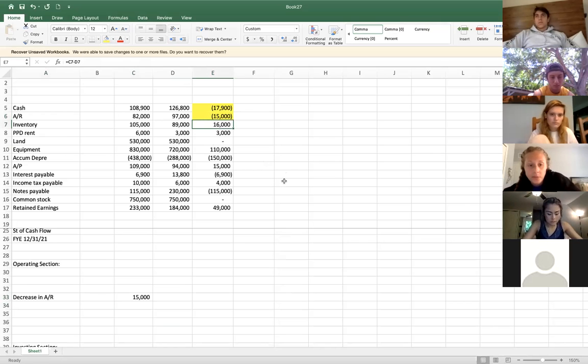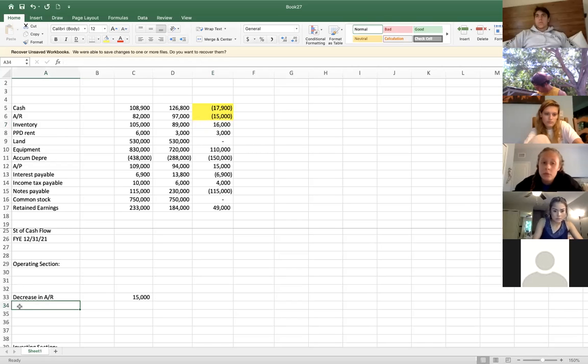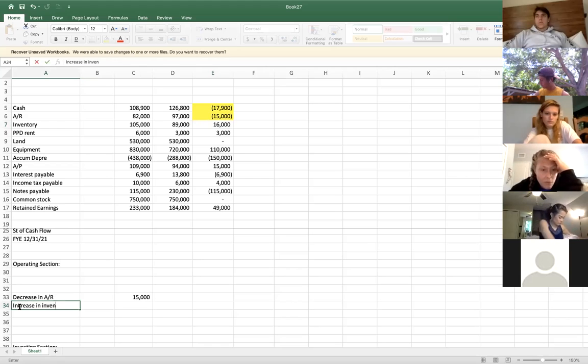Inventory. Inventory increased. What section is it going into? Come on, these ought to be quick. What section is it going into? Operating, because it is a current asset. And I've got an increase in inventory.